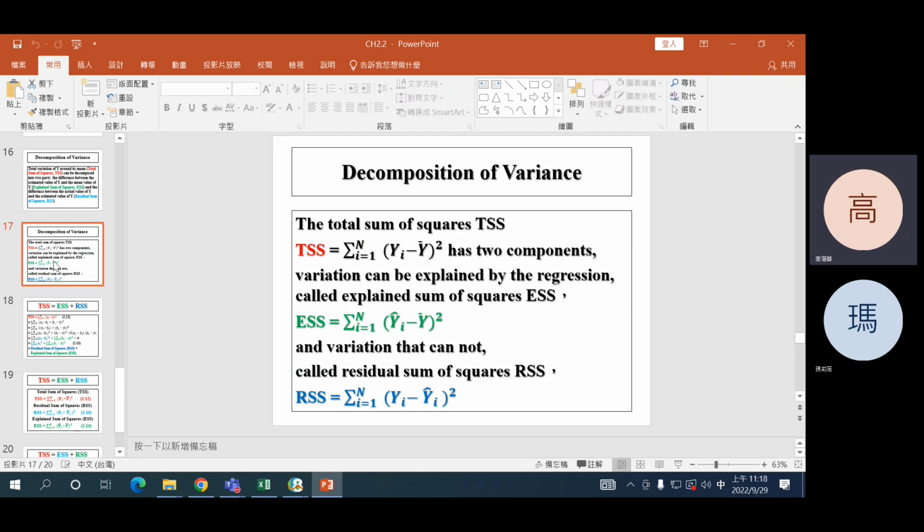The definition of total sum of squares, TSS, uses yi minus y bar. Yi minus y bar squared and summed. We call it TSS, the total sum of squares.